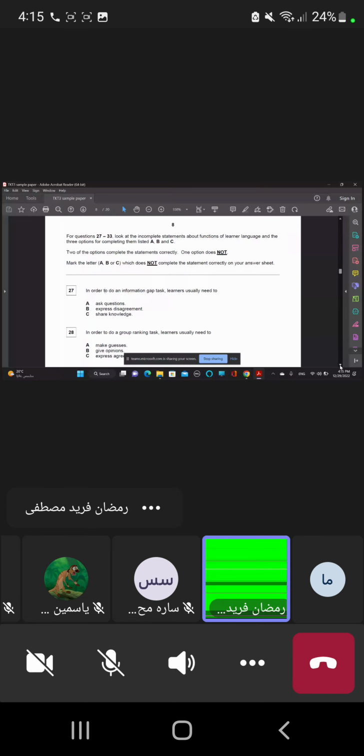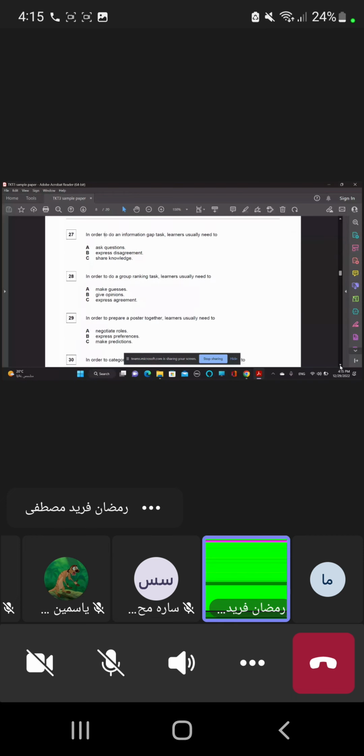In order to do a group ranking task, do you remember group ranking tasks? Learners usually need to. We will again choose the one that does not complete the statement. Which ones complete the statement? In order to do a group ranking task, learners need to make guesses, give opinions, express agreement. Yes, give opinions.